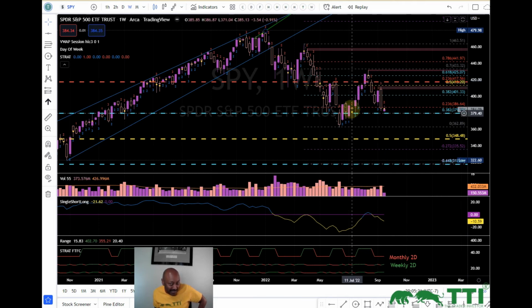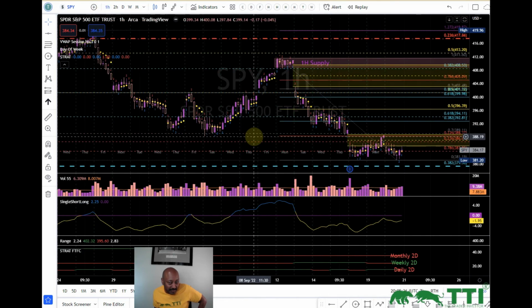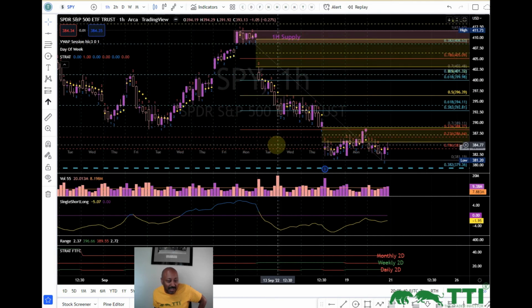But this is daily, right? I didn't take it on the daily, so I was already in and out of that position. But this is why I took that position. I don't like margins, so I don't do shorts.